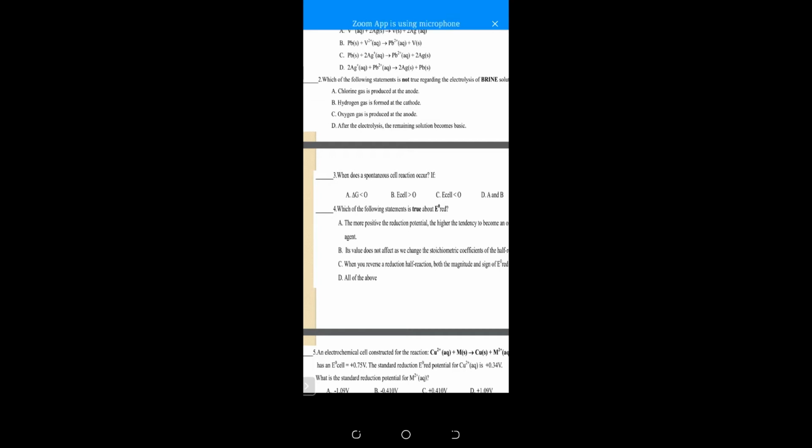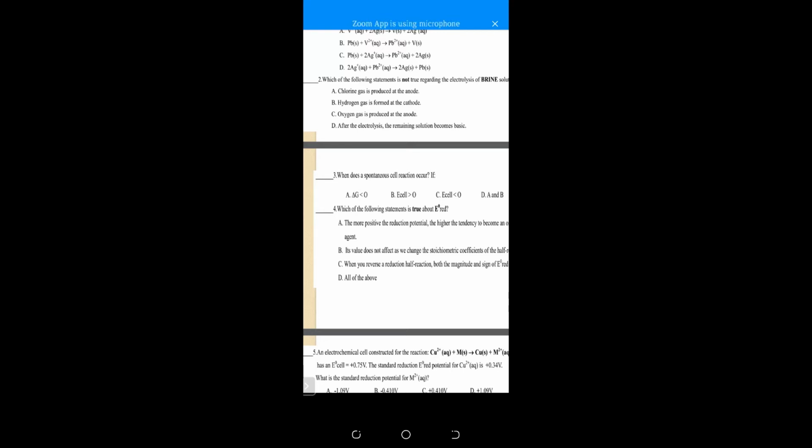So two ions go to each electrode. Now at the cathode, Na plus and H plus; at the anode, Cl minus and OH minus. At the cathode, it is always decided by the electrochemical series, not affected by concentration. As you know, there are three factors: the nature of the electrode, the concentration of the ion, and the electrochemical series.